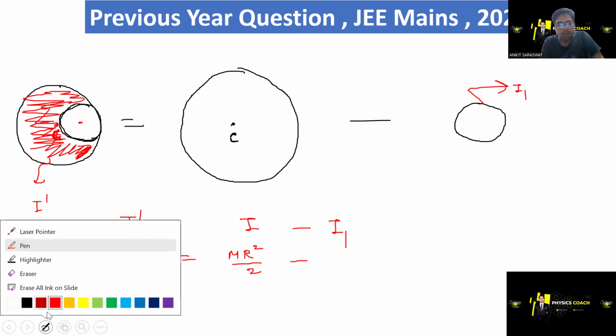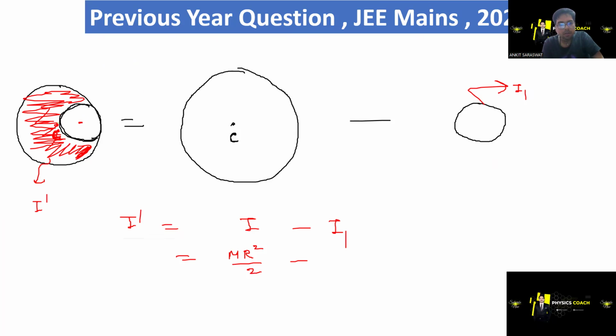Which theorem should I apply? I will apply the parallel axis theorem. So the moment of inertia of this cut portion about this axis, I1, will be the moment of inertia of this cut portion about its own center, plus m into the square of the distance between the two parallel axes.